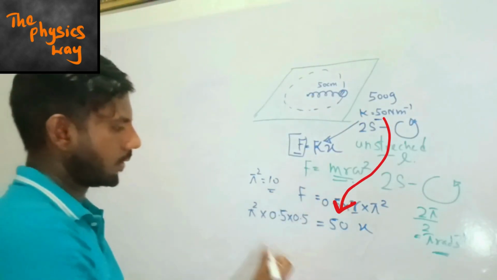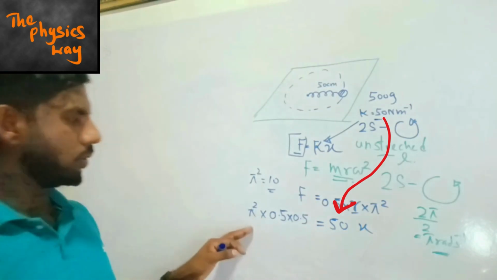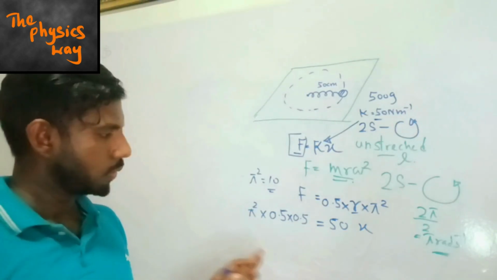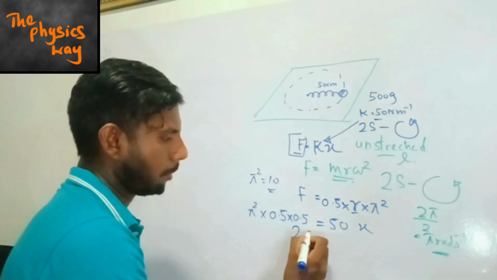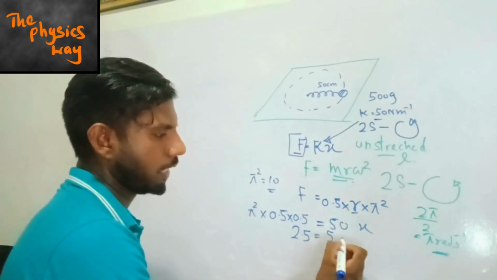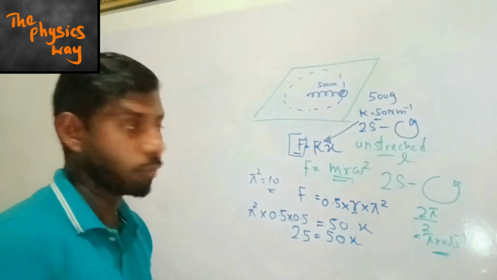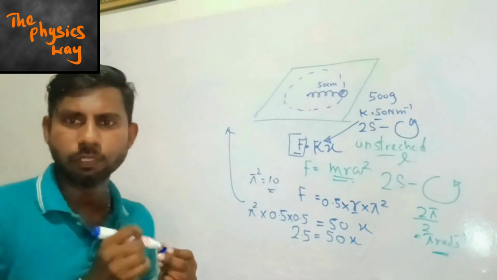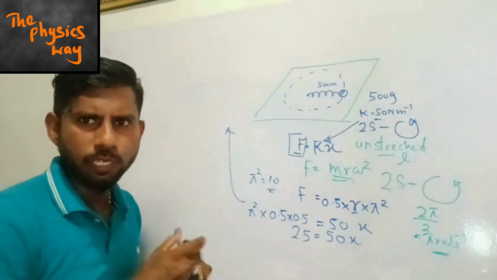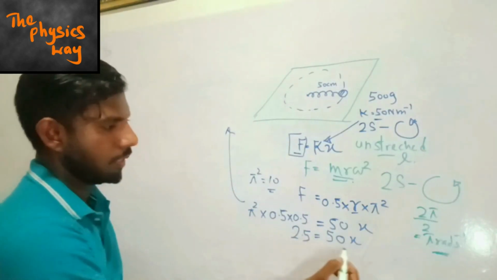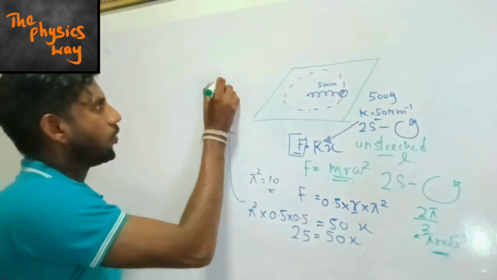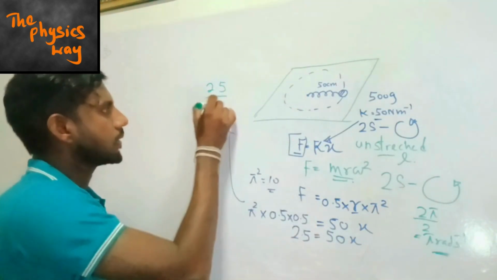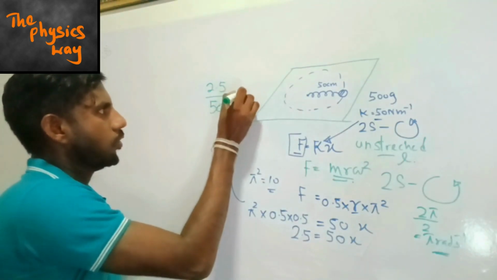So let's simplify it now. 10 into 0.5 into 0.5, so 5 into 0.5, that is 2.5, equals 50x. So we are getting the extension here. So x equals 2.5 divided by 50.